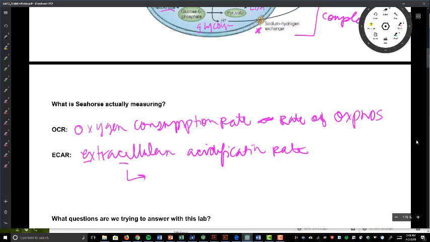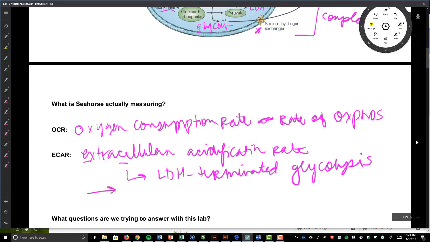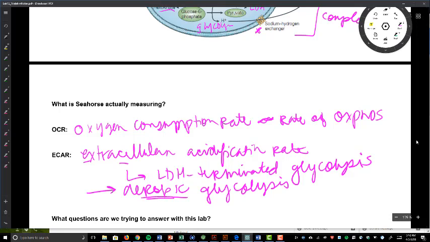And again, it measures LDH terminated glycolysis. In the case of the cells that we'll be monitoring in this lab, aerobic glycolysis. And from now on and throughout this lab, if we talk about oxidative phosphorylation, we're making the assumption that it's glycolysis that ends in OXPHOS, so the whole metabolic cycle.